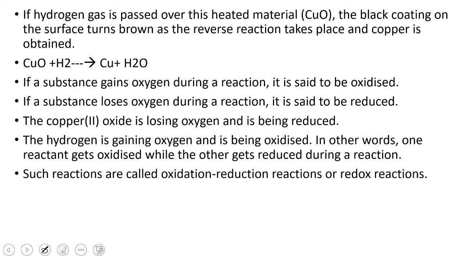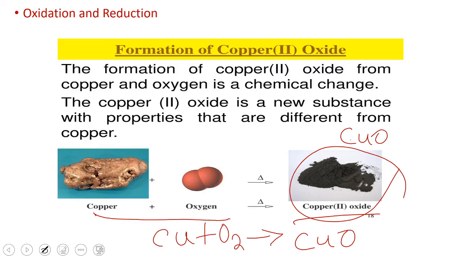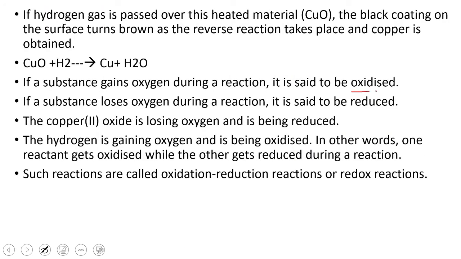If a substance gains oxygen, here copper gains oxygen, it is said to be oxidized. If a substance loses oxygen during a chemical reaction, it is said to be reduced. The copper oxide here is losing oxygen. That's why copper oxide gets reduced.